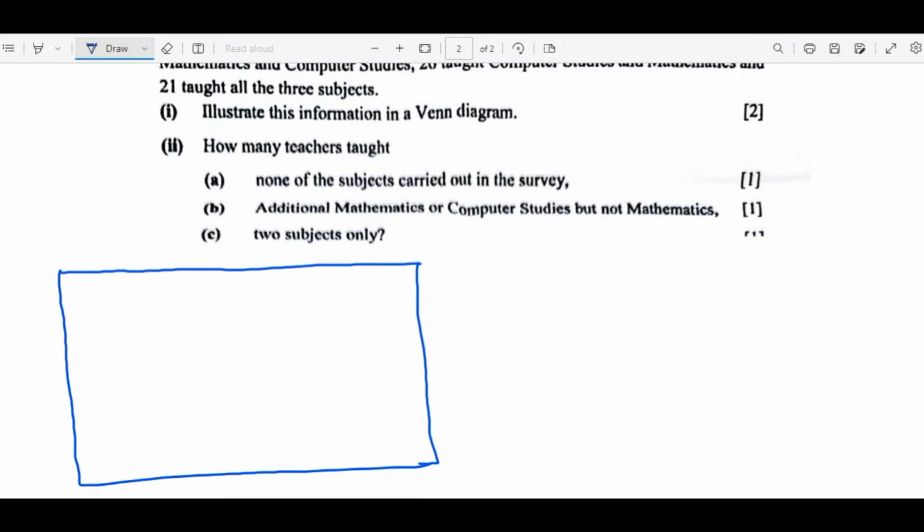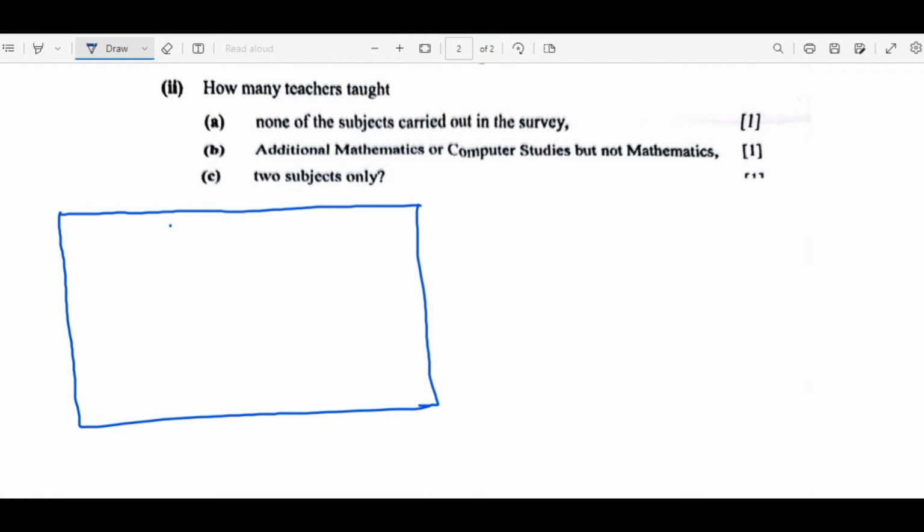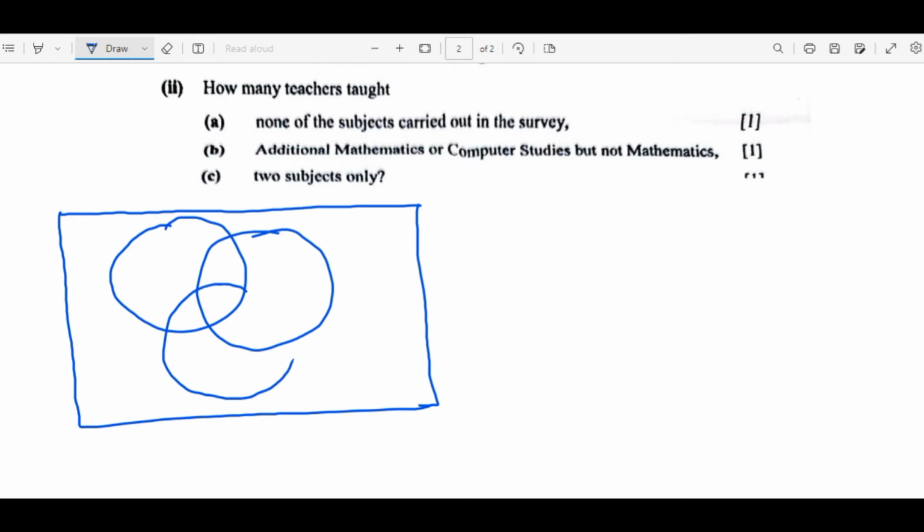Now, when writing these 3 circles, we need to make sure that they intersect at one point. Why? Because we have a number showing that there were some teachers that taught all the 3.